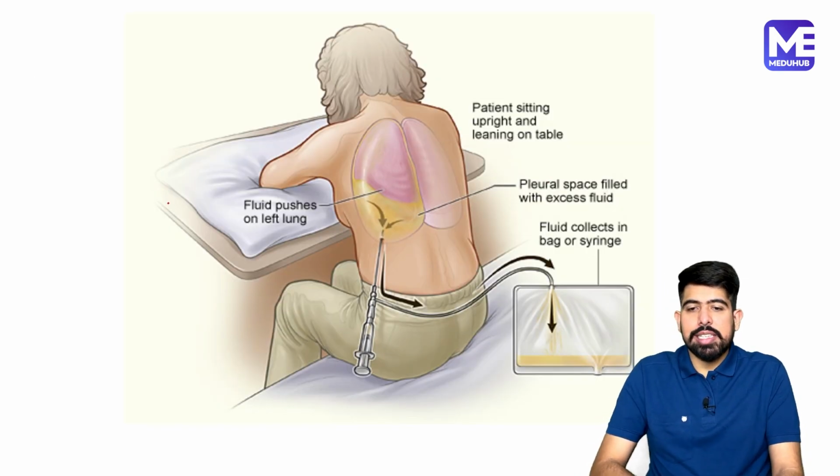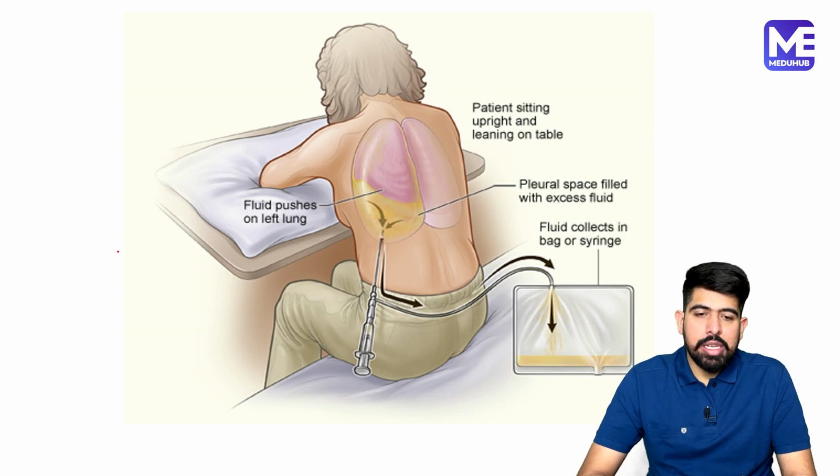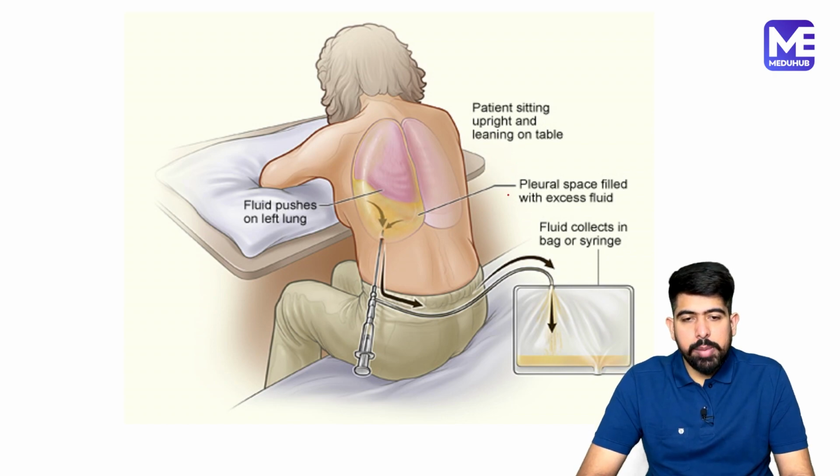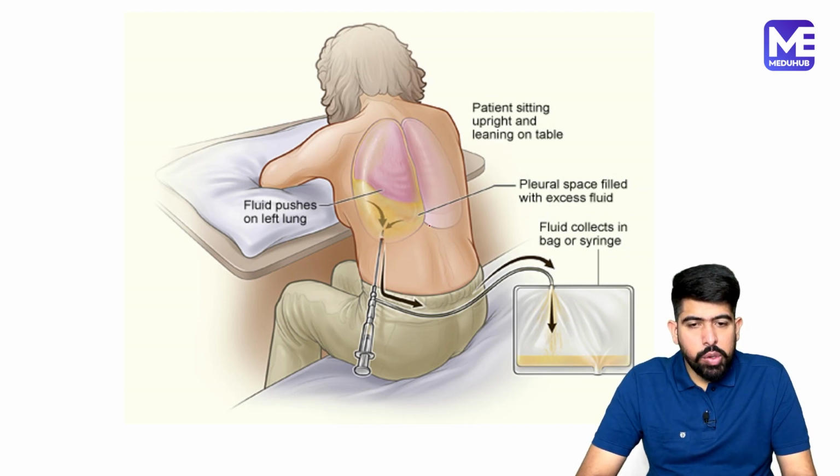After doing this chest X-ray, you can do the pleural tap or the pleural centesis. What do they mean by the pleural centesis? The fluid is filled in the lungs. So what we can do, the patient will be sitting in the upright position on the table, and the pleura is filled with this fluid, right?